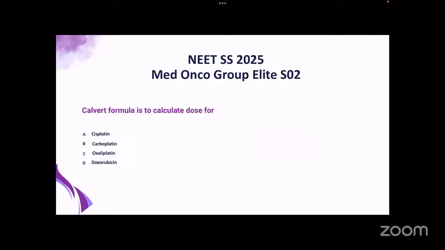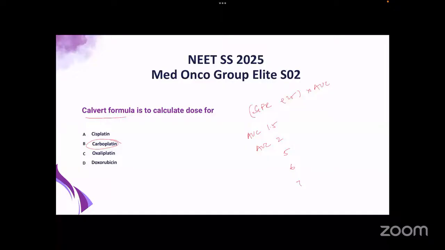Coming to Calvert's formula. You need to remember, it is GFR plus 25 multiplied by AUC. This is used for carboplatin. When I have to dose a patient with carboplatin, I usually dose it at AUC, area under curve, 1.5 or AUC 2, AUC 5, AUC 6, and sometimes AUC 7.